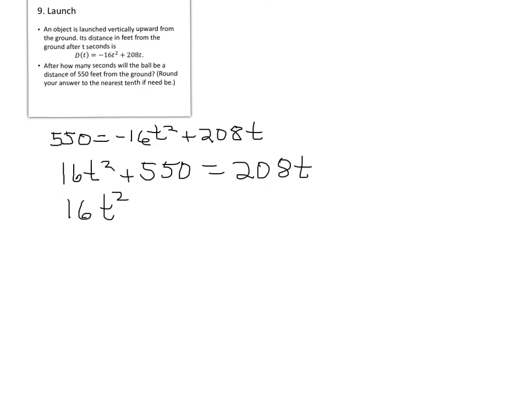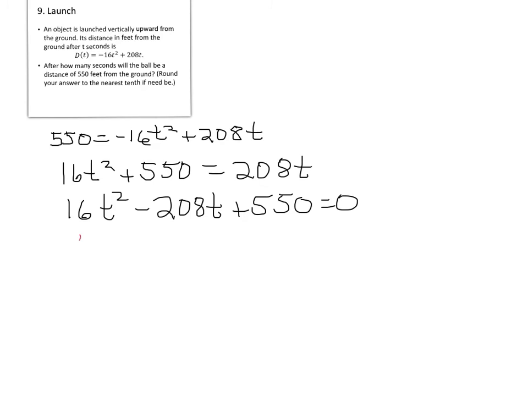I think we should add 16t squared to both sides so that we get rid of that negative sign. So we have 16t squared plus 550 equals 208t. And then we subtract 208t from both sides. So then, in order of descending powers, we have a quadratic equation in standard form.